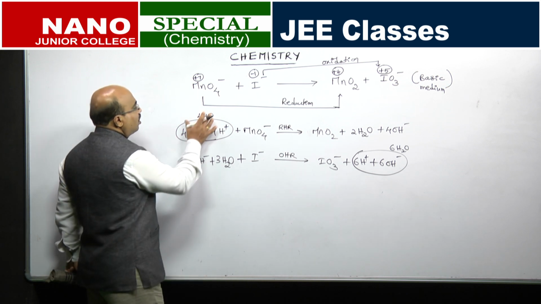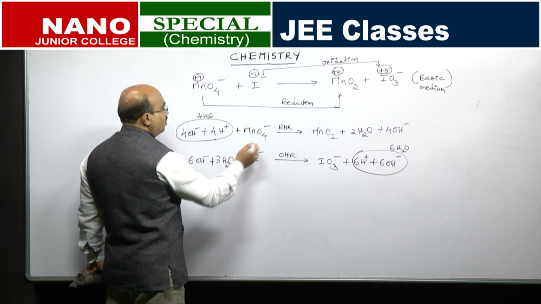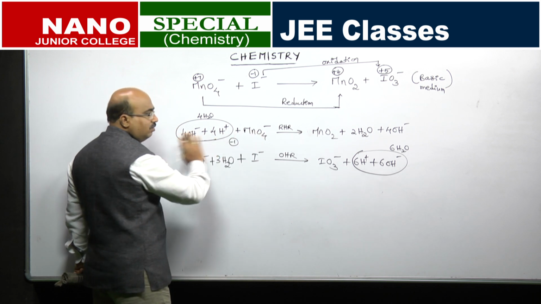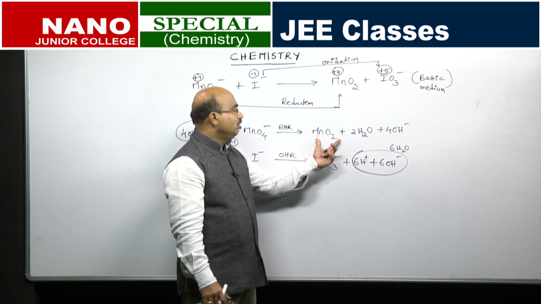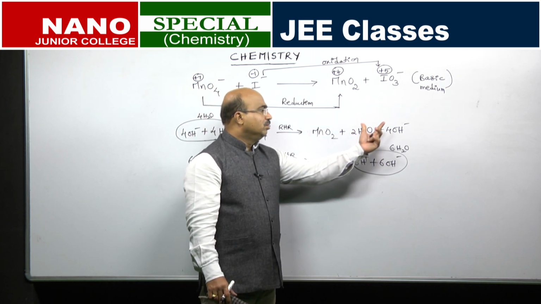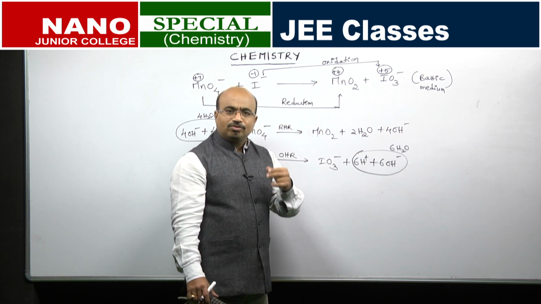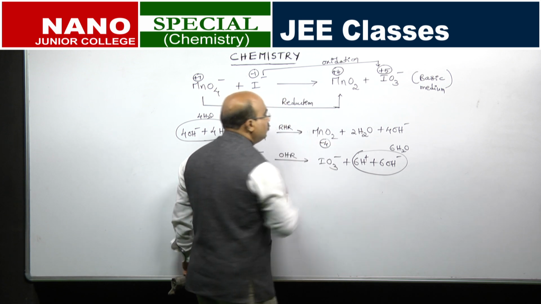So, what is the charge on water now? 0. What is the charge on this? -1. So, what is the left hand charge totally? -1 charge is there, left hand side. We have to balance the charges now. What is the charge here? 0. What is the charge here? 0. What is the charge totally here? -4, because each OH is -1. So, total charge on the left hand side is -4.